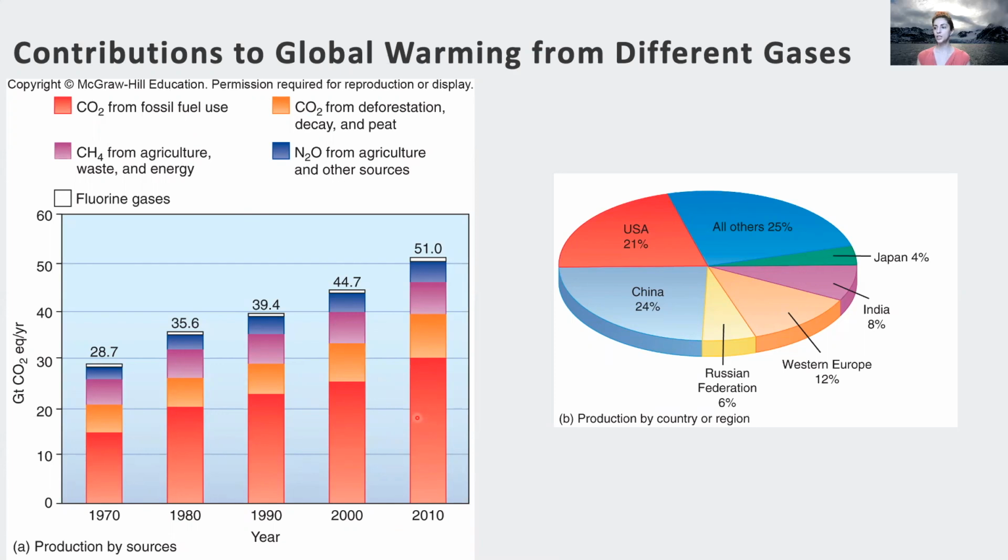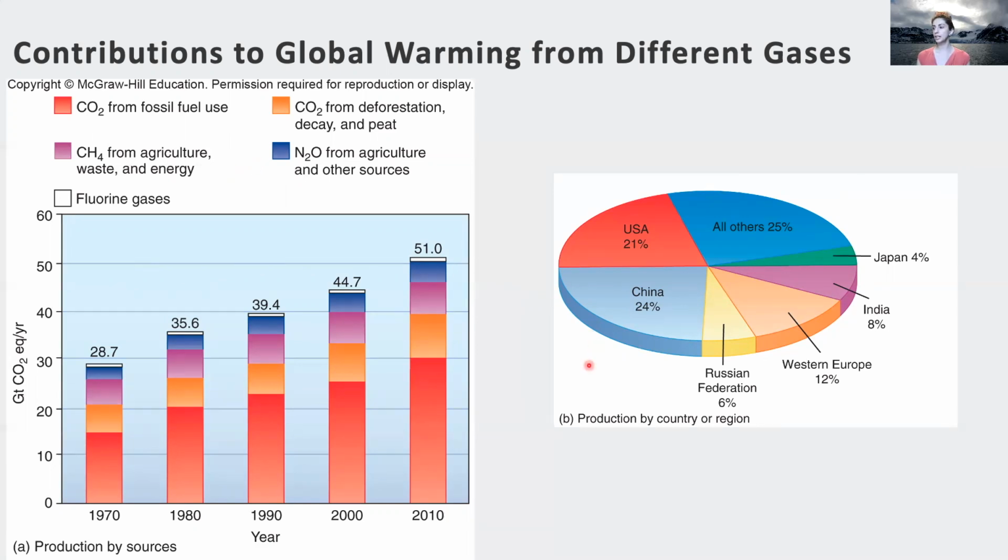But what has been increasing decade after decade is this nitrous oxide from agriculture and other sources. So we really need to be mindful not only about the gases themselves, but the sources and the amount of warming that they are contributing.